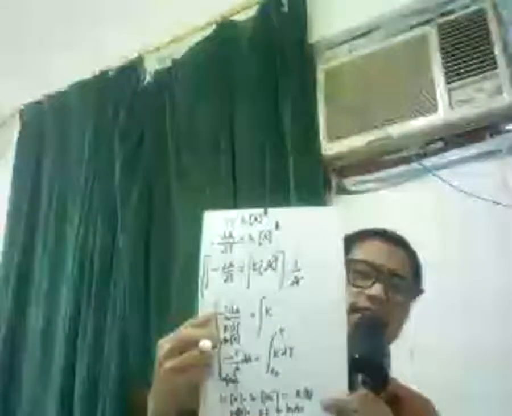Divided by all with negative, it will become negative, right? So negative kt. And then finally, ln A equals negative kt plus ln A0. This is the final formula for this.